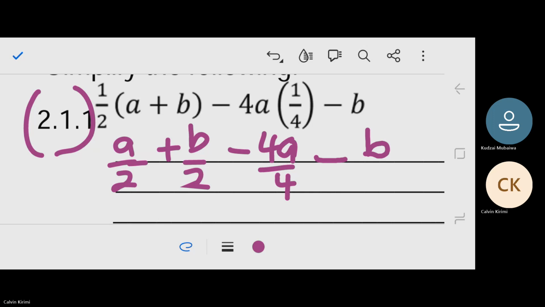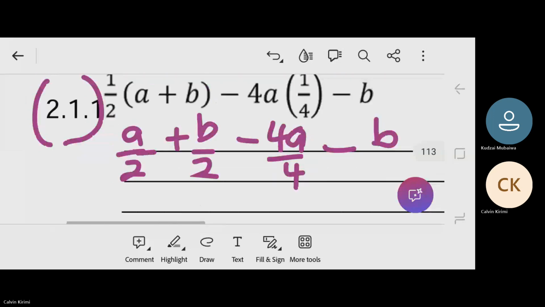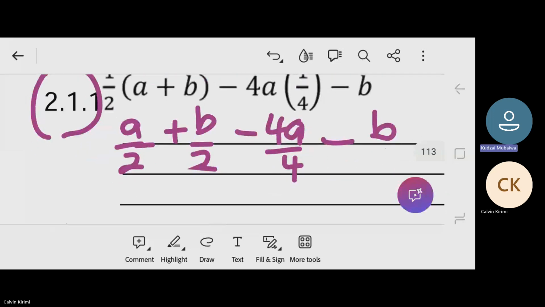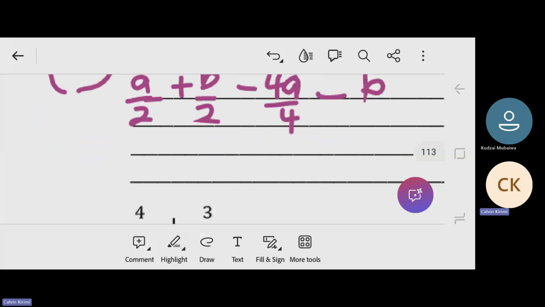Can you see? Hello. Are you there? Hello?